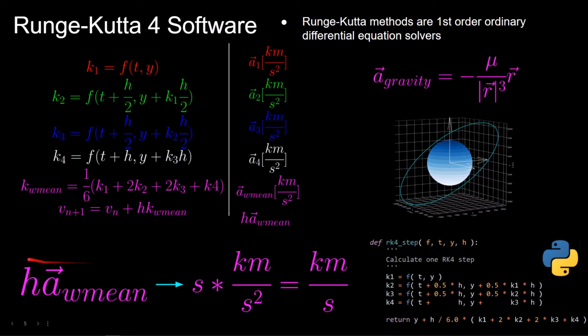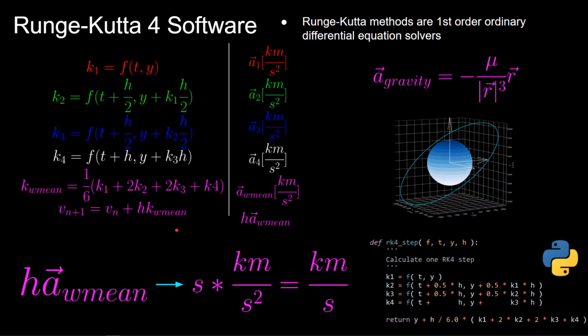So if we take a look at the units equation, we see that when we multiply step size times the acceleration weighted mean, this corresponds to multiplying seconds by kilometers per second squared, which gives us kilometers per second, which is velocity. So by multiplying by the step size, we have done one integration. So we've calculated the next velocity given its derivative acceleration.